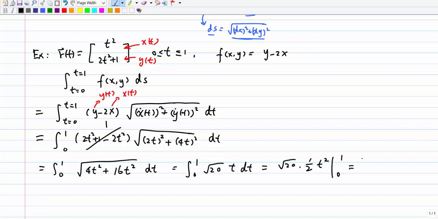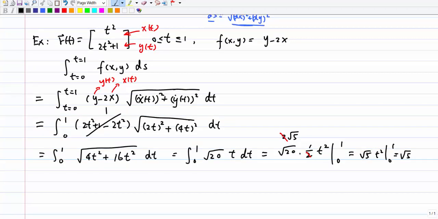The square root of 20 is just 2 times the square root of 5. So the 2 will be cancelled out. So it's just the square root of 5 times t squared evaluated from 0 to 1, which is the square root of 5 times 1 squared, which is 1, minus 0, so it's still 1. So the square root of 5 times 1, of course I can drop it, just the square root of 5.